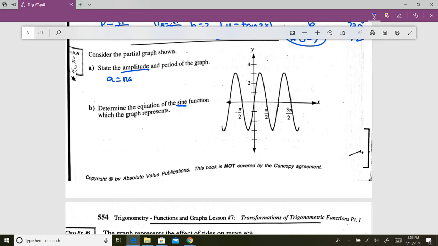So max minus min over 2. What's the max value? 3. The min value, negative 3. Whoa. 3 minus negative 3 over 2. 3 minus negative 3 is 6 over 2, 3. So my a value is 3.